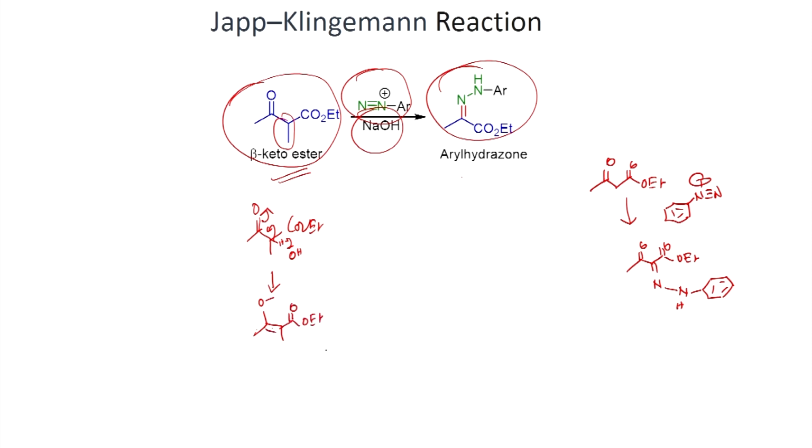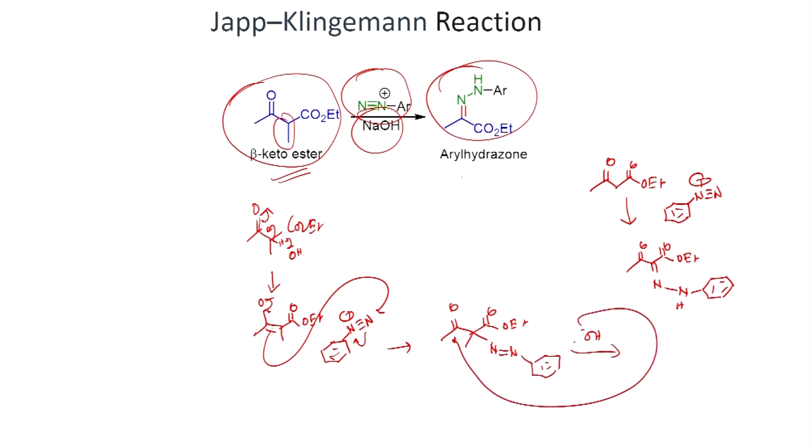Once you form the enolate, it can undergo reaction with this diazonium salt, which can further react with the hydroxide ion to give the addition product.